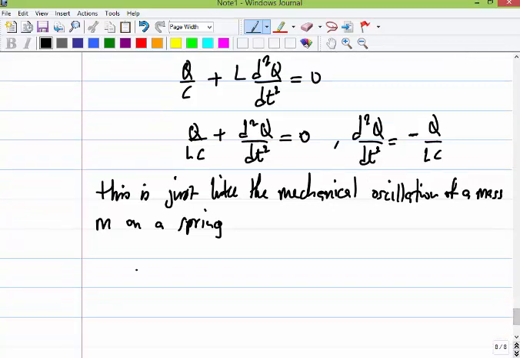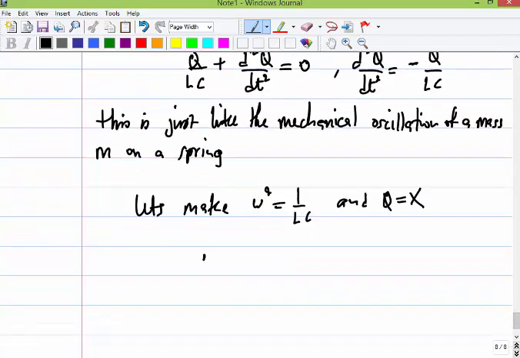Let's make omega squared equal to 1 over LC, and Q equal to X. Then this is the same as writing d squared X dt squared equals minus omega squared X.